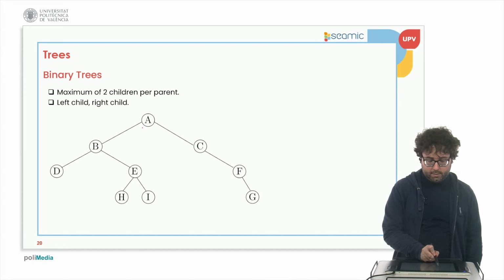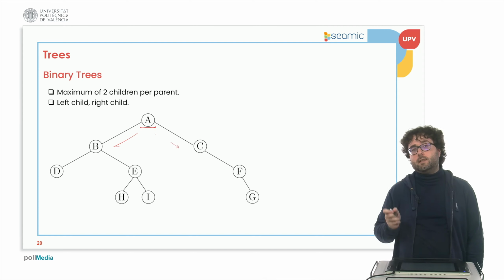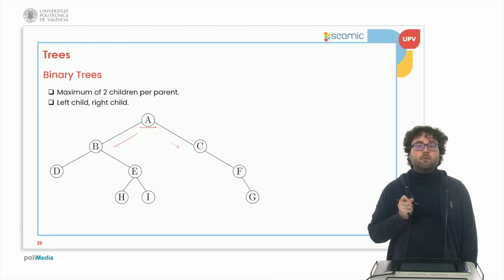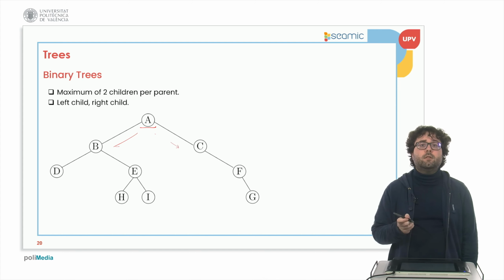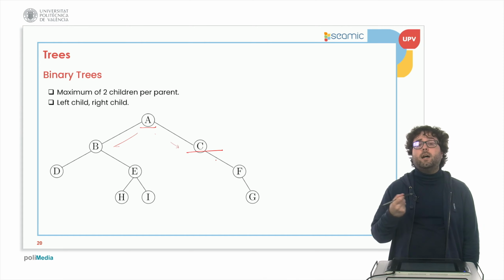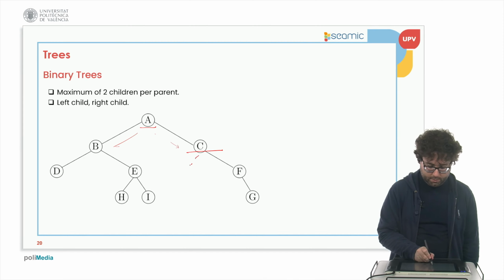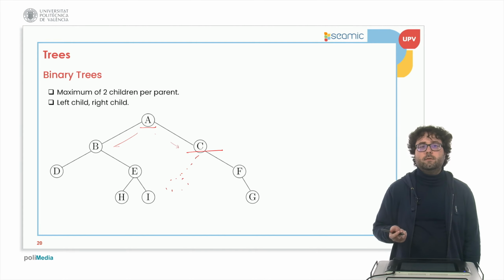So that means that each node has at most 2 nodes, which are the left child and the right child, and also even if one of the children is missing, we are still going to consider it as left or right. In this case, node C only has a right child, and the left child could be missing.